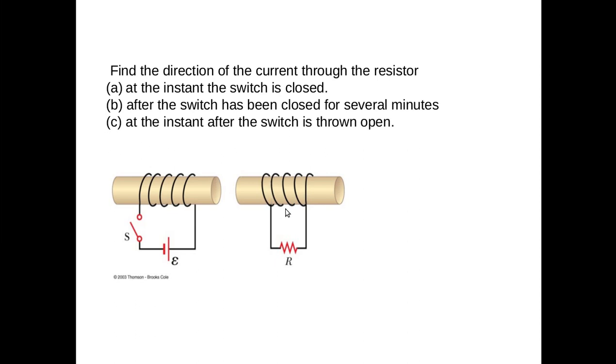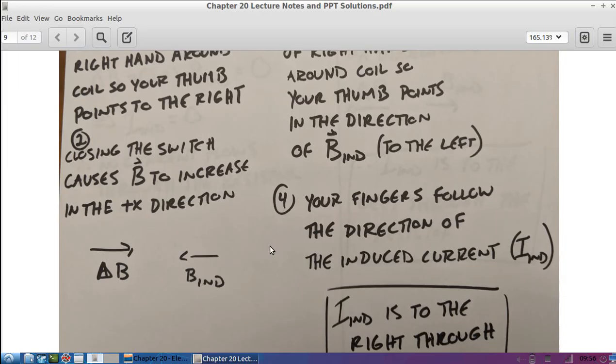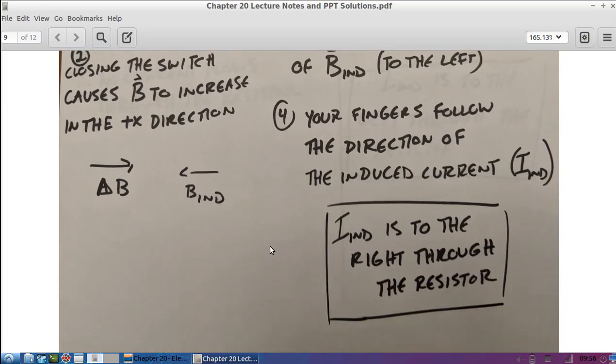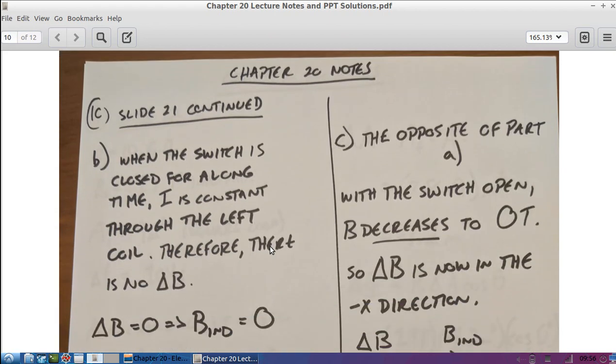So the current's going like this, going back behind it, coming up over, and then it's going to the left. So with a decreasing magnetic field due to this bar, B induced is now to the right, and the current is going to the left. So the induced current has switched directions.